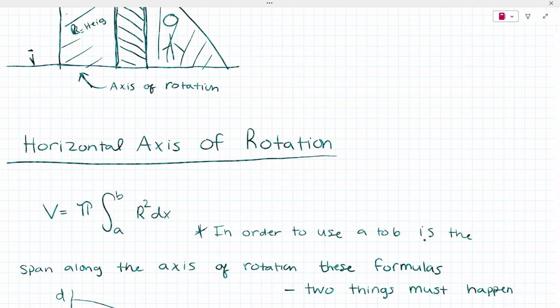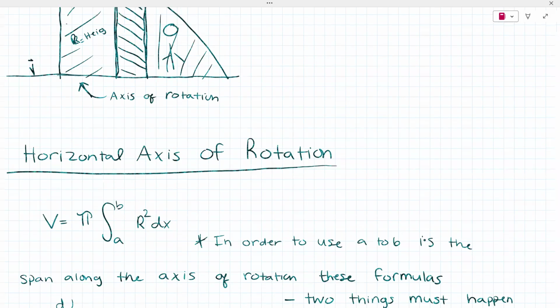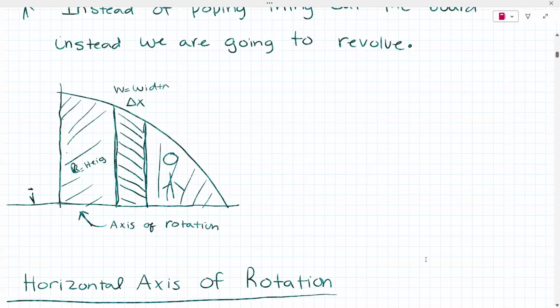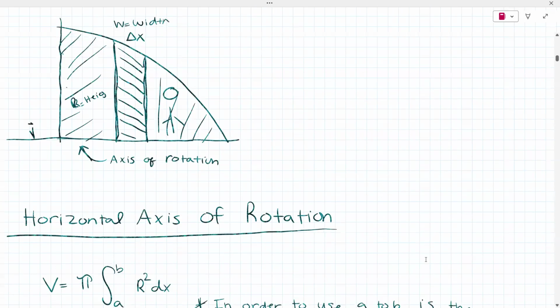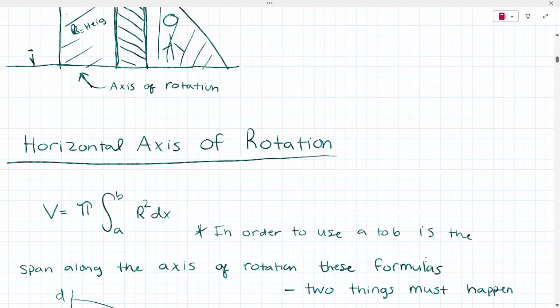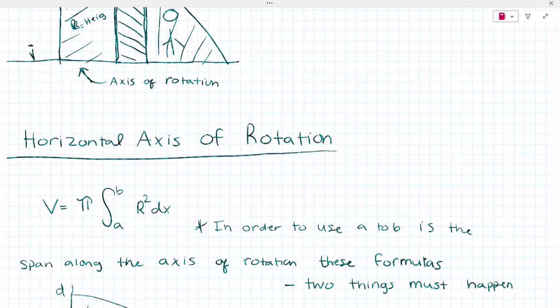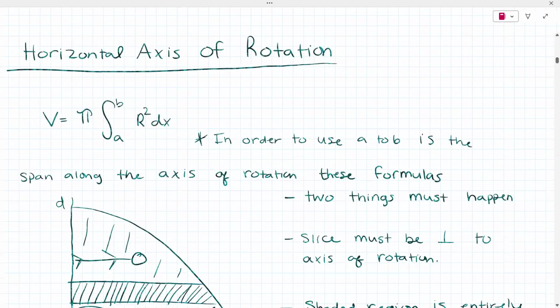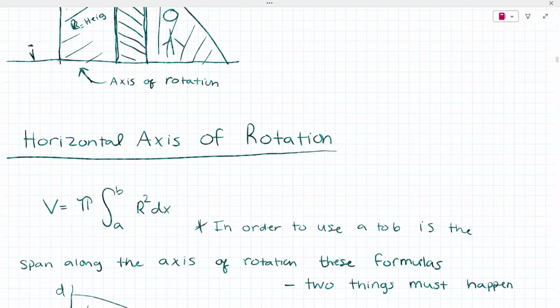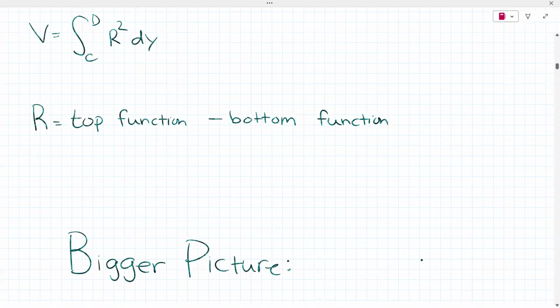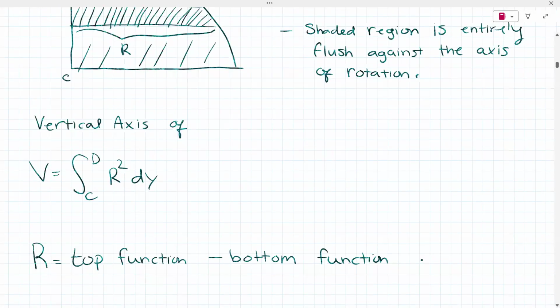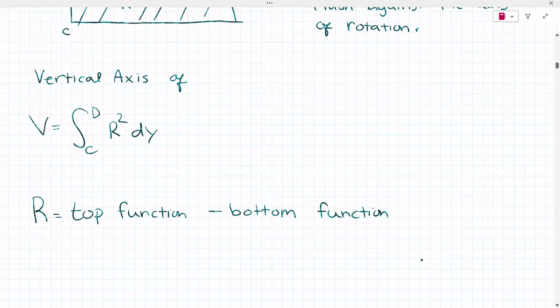X is the horizontal, y is the vertical. Horizontal would be considered the x. So we're going from the boundaries a to b of r squared. And no, horizontal is not. It's actually the vertical, right? Vertical means we have to go from boundaries from c to d, and we're going from top function minus bottom function.